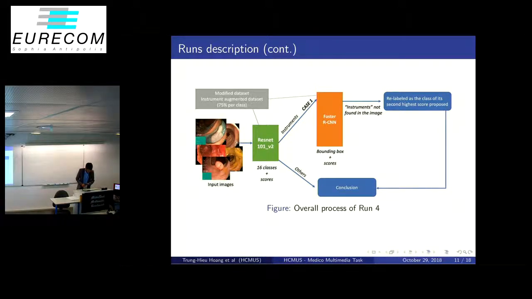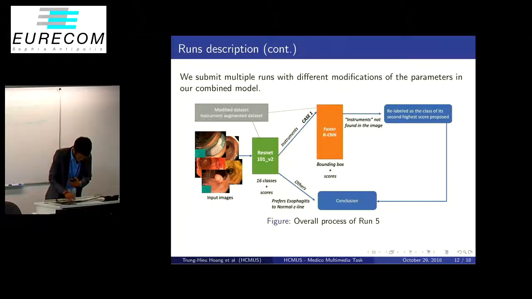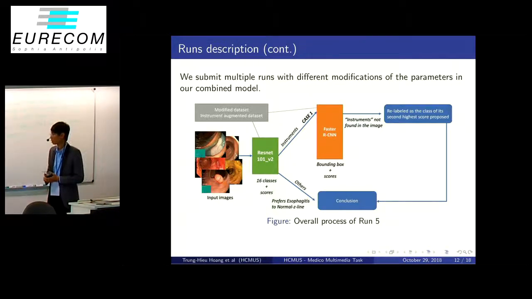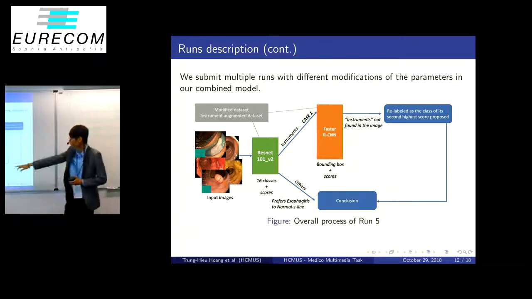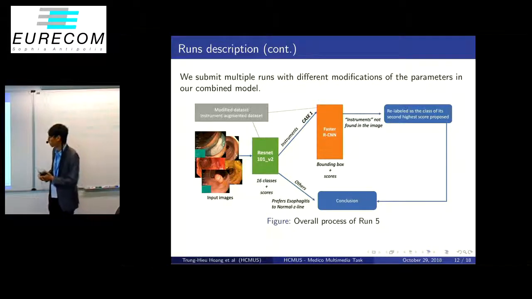And this is our run 4. In this run we perform training our models by using only 75% of the training dataset. And in run 5, when evaluating our models, we realized that there is a confusion between the esophagitis and the normal Z-line after they are predicted by the ResNet.